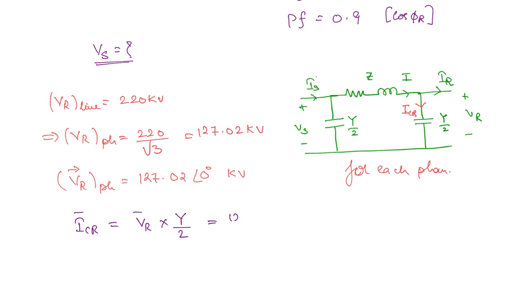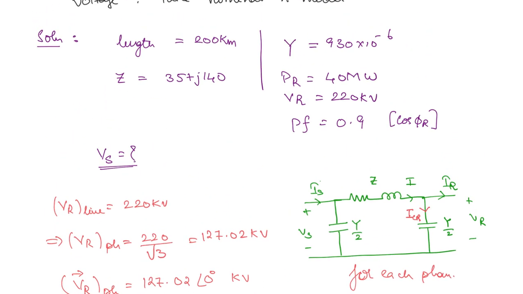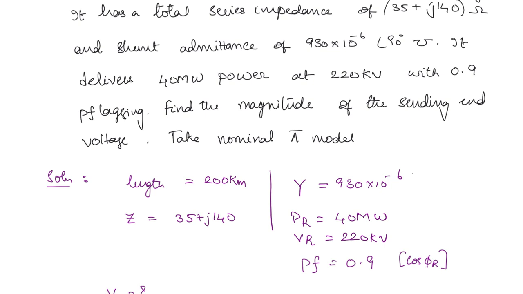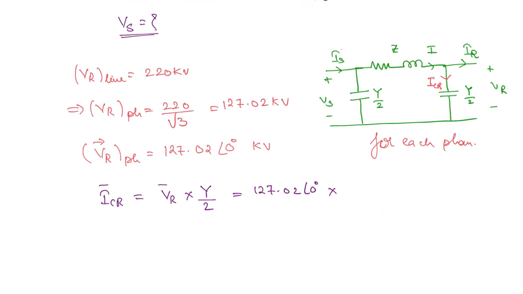So this is going to be 127.02 angle 0 degrees into y, which is given as 930 into 10 to the power minus 6. Here angle 90 degrees is important, right? Phase is important. So 930 into 10 to the power minus 6 angle 90 degrees. And we should not forget the by 2 here. If you calculate, you're going to get 59.064 angle 90 degrees. This is in amperes.